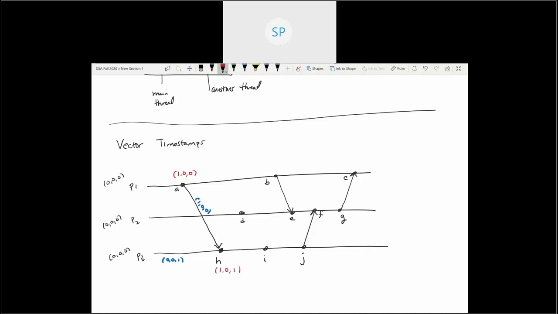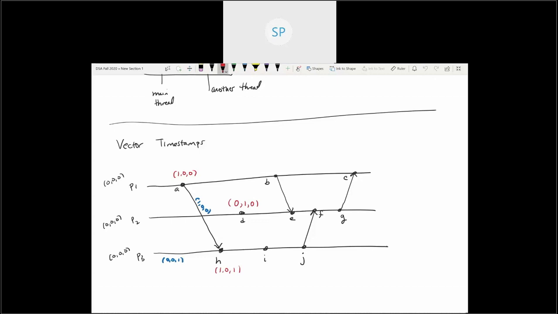And so does anyone want to tell me the timestamp for D? Right, event D. Because this is the second process and it's the first event of the second process, that timestamp is 0, 1, 0. Okay.